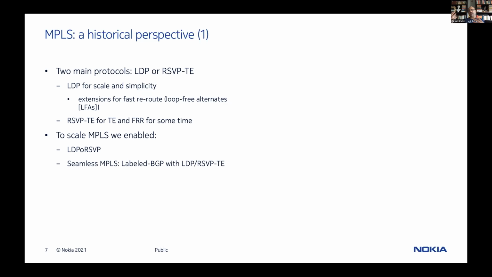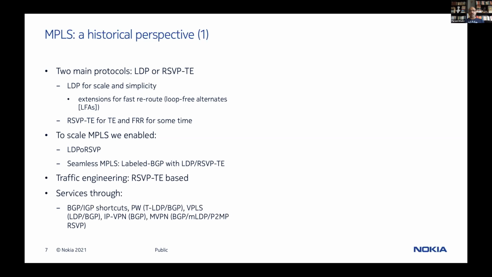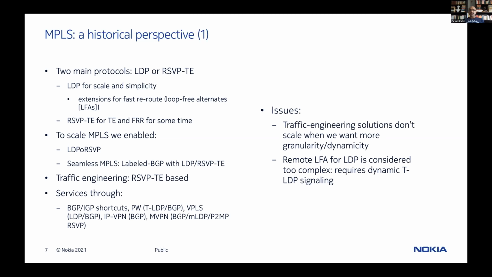And we've done things like seamless MPLS, which is a technique that is becoming almost a de facto in MPLS networks all over the world, where we once again do this divide and conquer approach using BGP in this instance. So we use label distribution using BGP, so RFC 3107 kind of architectures. Once again, hierarchy helps us to scale.